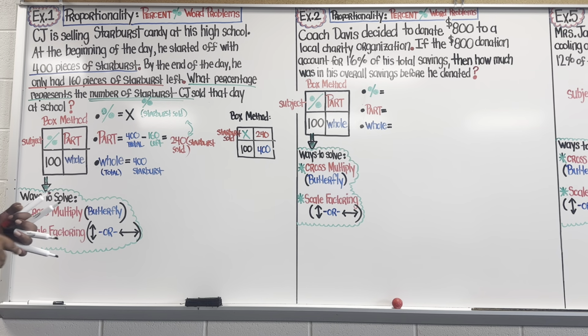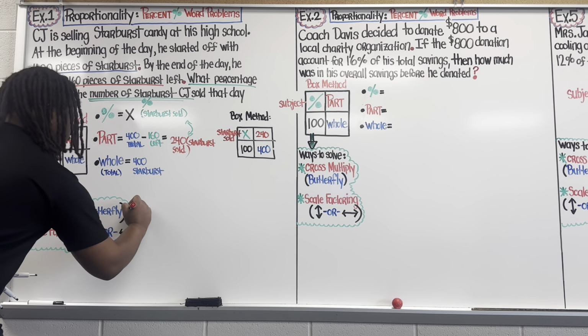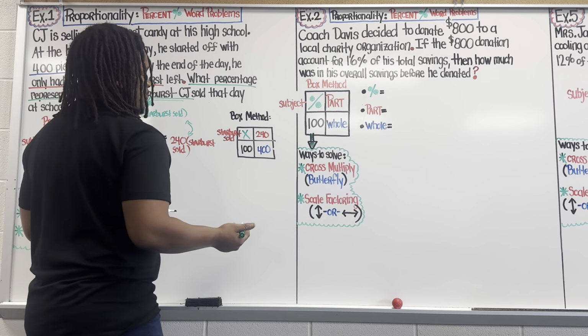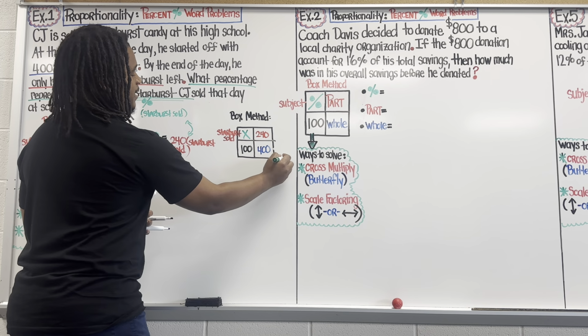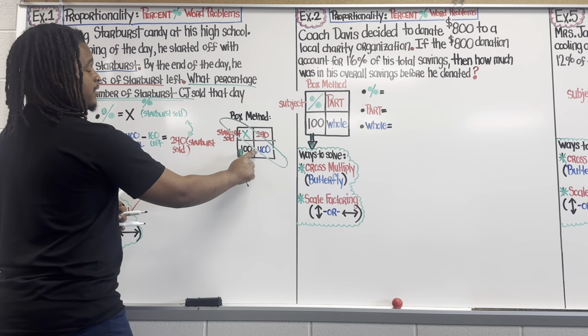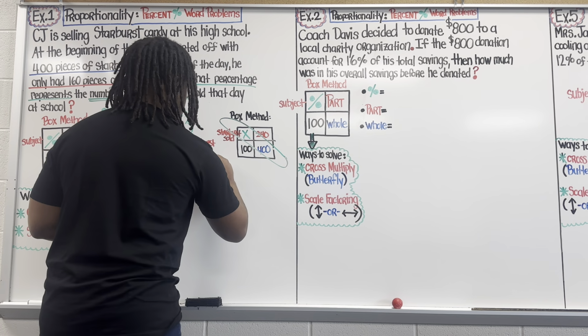Okay? So what we're going to do, guys, is cross multiply. So I'm going to show you the first method, okay? As we cross multiply, we're going to do the butterfly, which is cross multiplying, or multiplying in a diagonal, okay? So X times 400, or 400 times X, equals 400X.